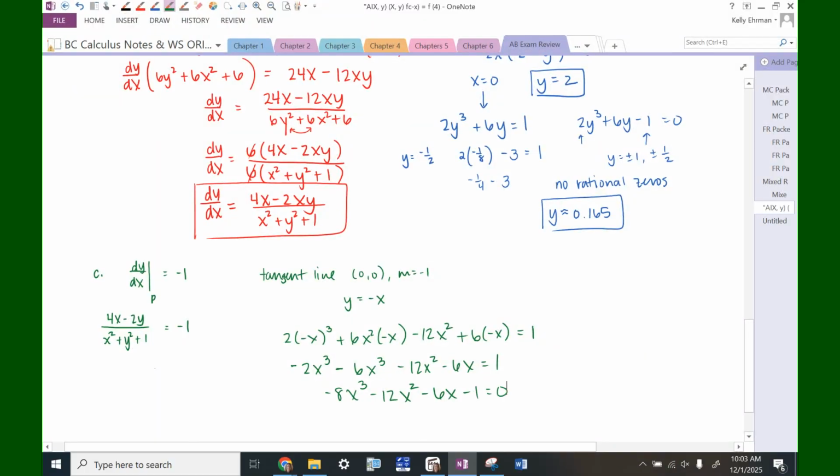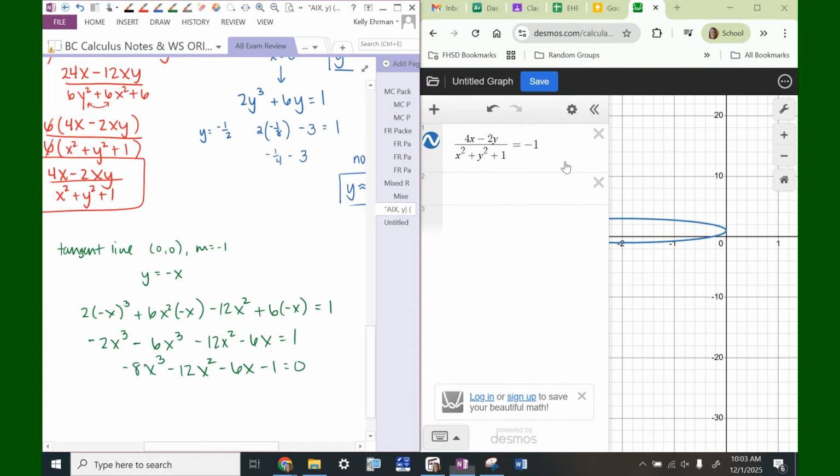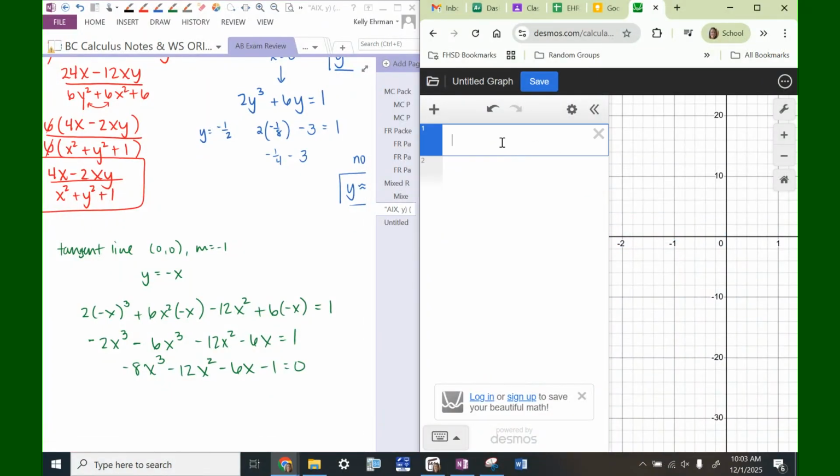I cannot factor by grouping, but this does give me something I can put into Desmos that's actually helpful. So let's look for the zeros. When does that equal 0?